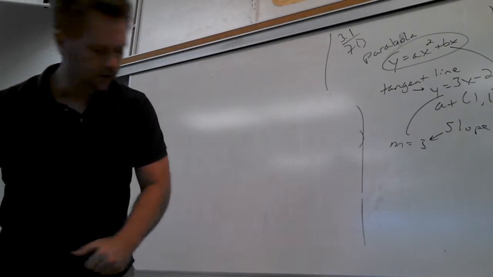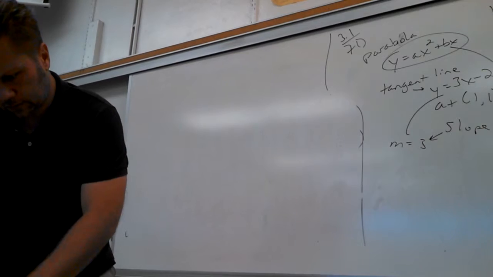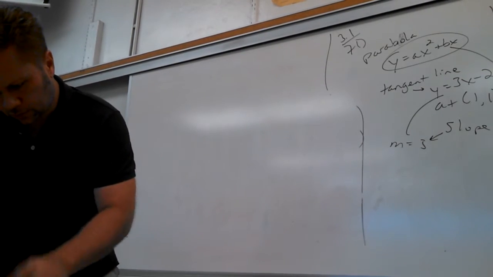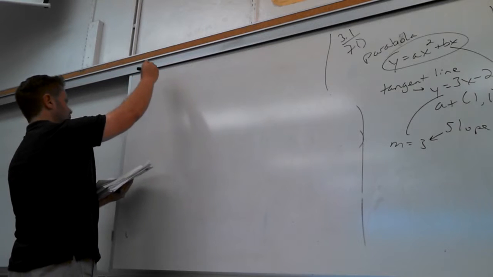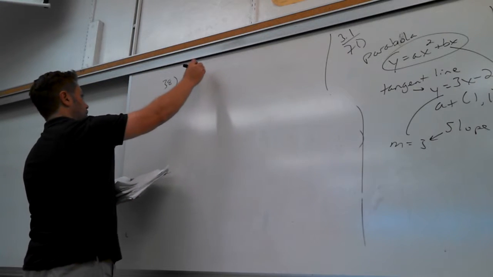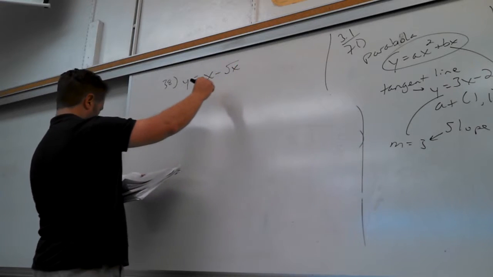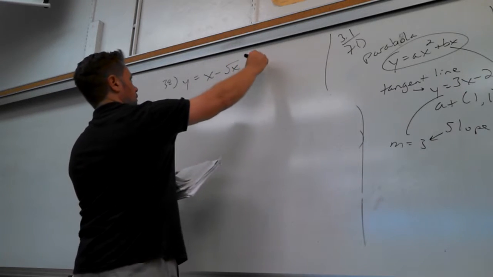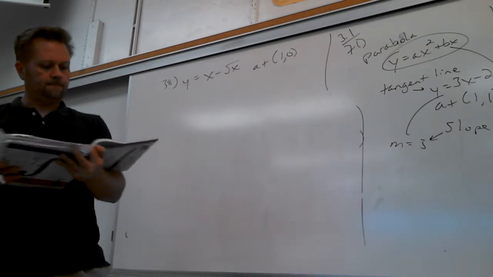Which one is it again? 38. Okay. Find the equation of the tangent line for this curve at (1, 0). Okay.